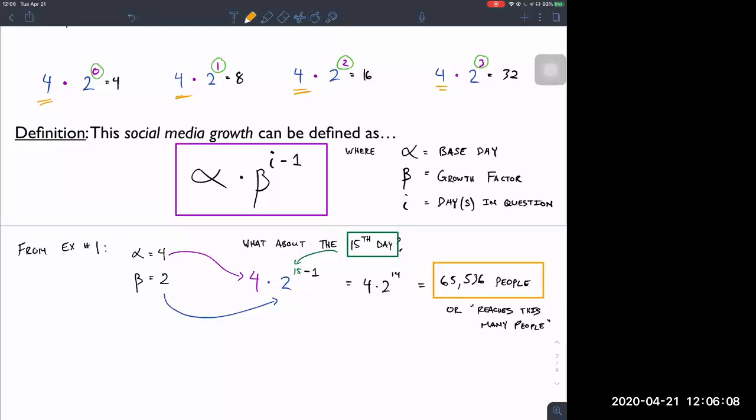But the idea is that this growth that we're having, it's growing exponentially, right? It's another way to grow other than linear or a variable or a constant that we've done so far, right? And this is to show you not only for a single day, the 15th day, but what happens if you have a series of days, right?